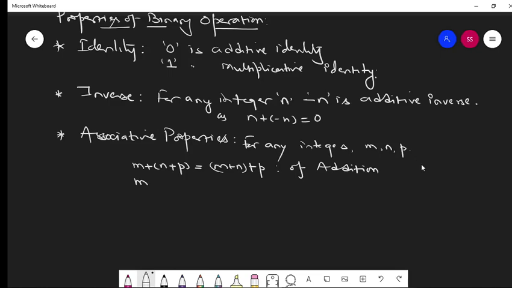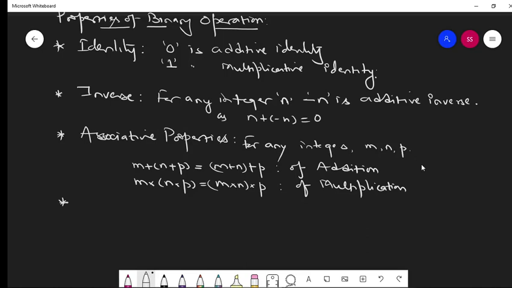And for multiplication, (m times n) times p equals m times (n times p). If we add m and n and then p, it will be the same result. If we obtain the same result, that is the associative property, and in the product the similar condition holds.